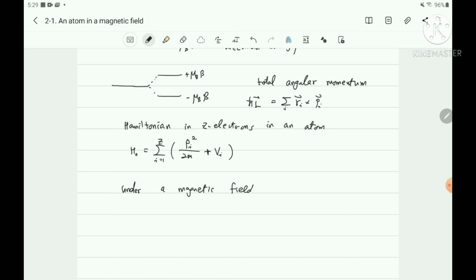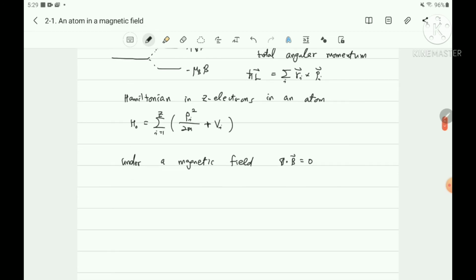On the magnetic field, we already know that divergence of B is equal to 0. Because the divergence of any curl is equal to 0, we define the magnetic field as the curl of A, where A is a vector potential.